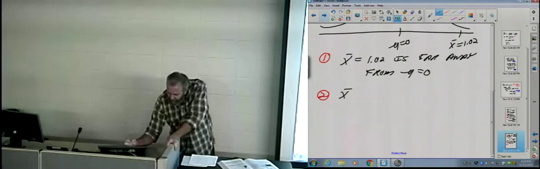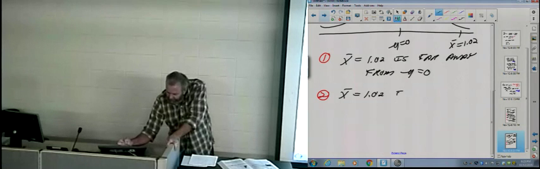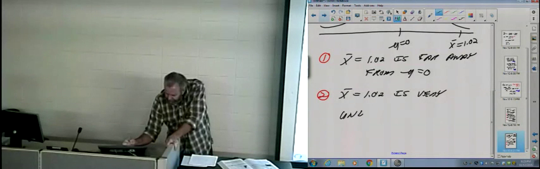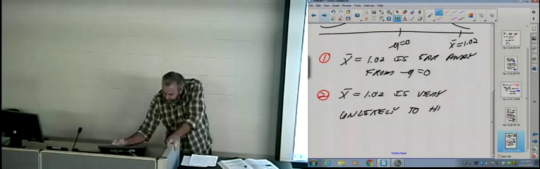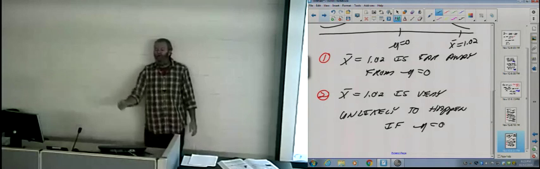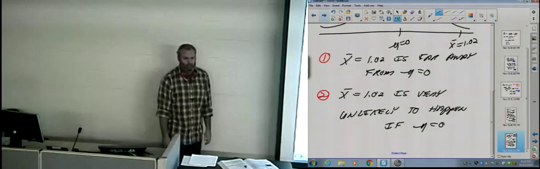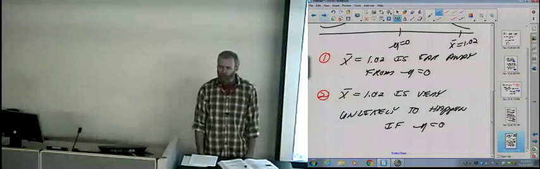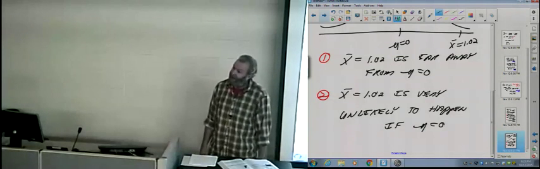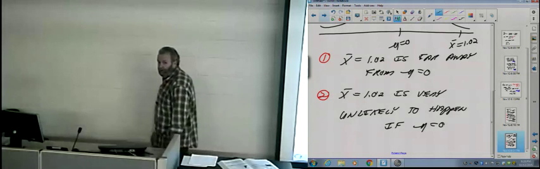X bar equals 1.02 is very unlikely to happen if, dude, you're looking at one more than 3 standard deviations away if mu is equal to 0. See, you actually did get the 1.02. So something has to be wrong with what's going on here.